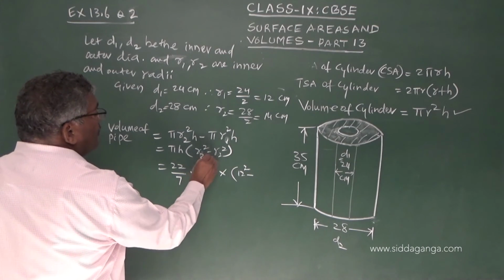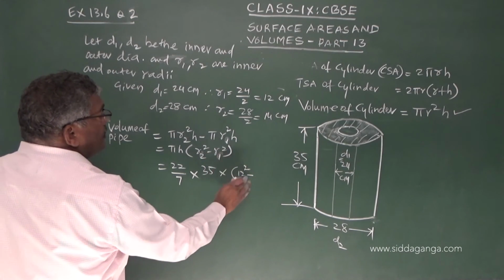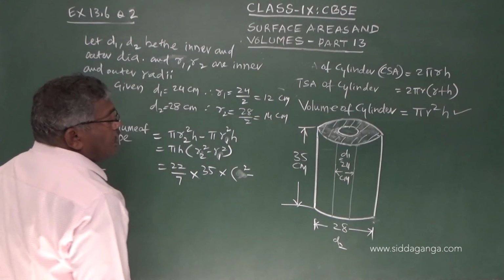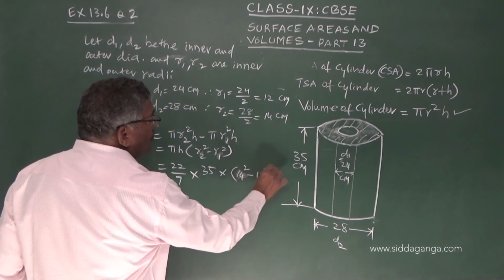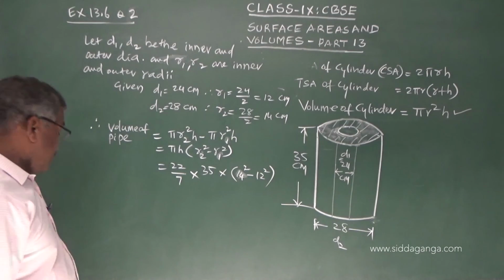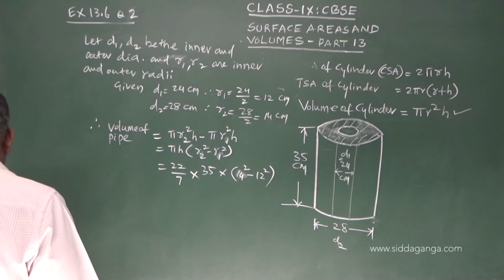R2 square minus R1 square. So this is 14 square minus 12 square.